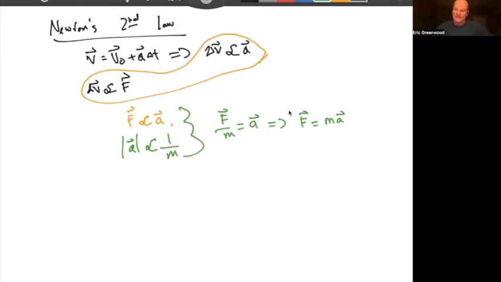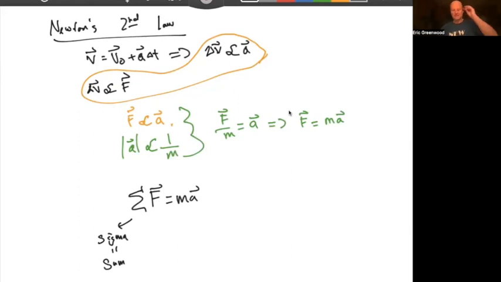Now, in general, this is only if I have one force, but if I have multiple forces acting on it, I can write down that the sum of the forces, this is the Greek letter sigma, the capital sigma for sum, is equal to the mass times the acceleration. So this expression here is what we lovingly call Newton's second law.